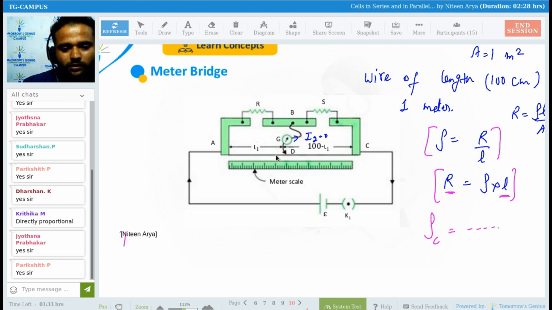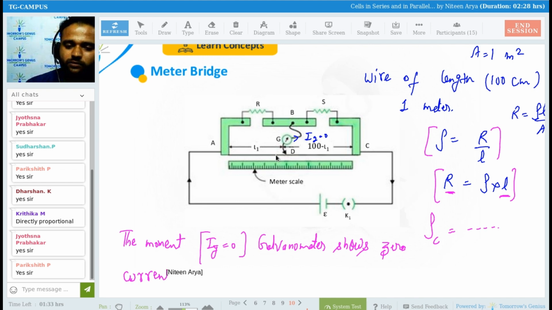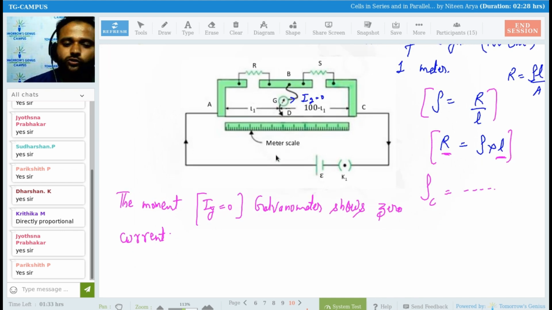The moment Ig is 0, the galvanometer shows zero current, we again fulfill the condition.